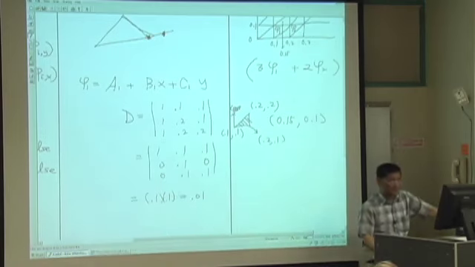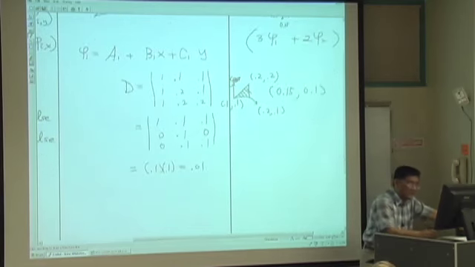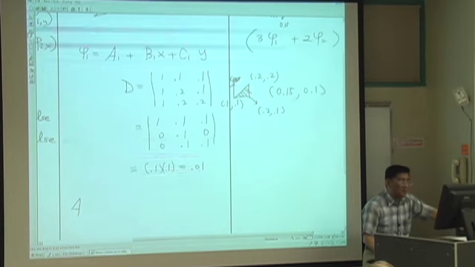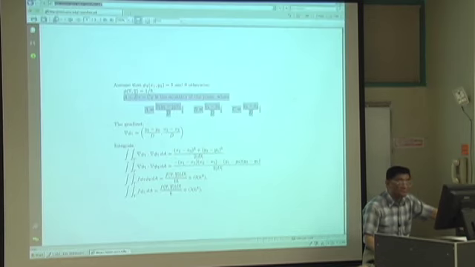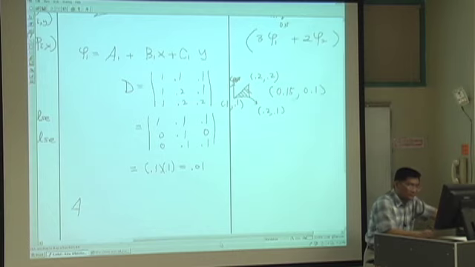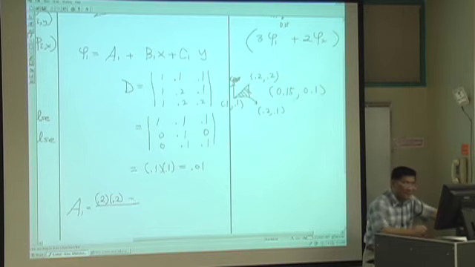So D is found. And now, to determine A1, what is necessary? A1 can be determined by this formula, right? So A1 equals x2, y3, 0.2 multiplied by 0.2 minus 0.1 multiplied by 0.2.